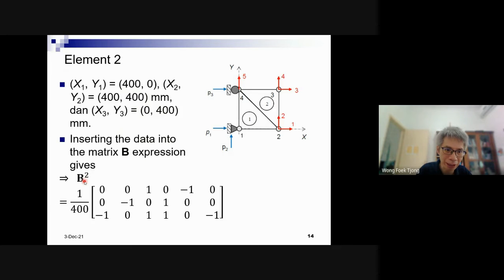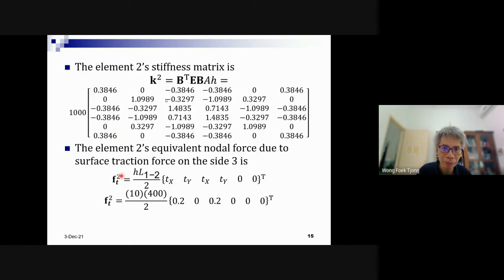This is not B squared, but B for element number 2, okay. So the superscript is not a square here. It means the B matrix for element number 2. This is the result. Just plug in this data into the formula, and then the stiffness matrix with the same E. Okay, we have this one. This is the stiffness matrix for element number 2.